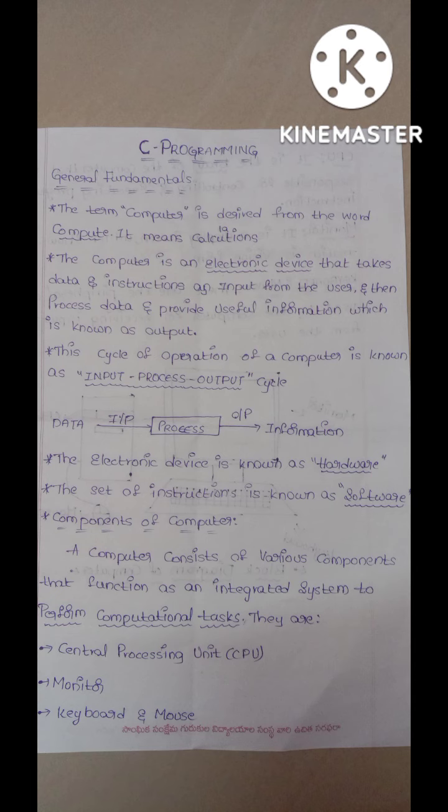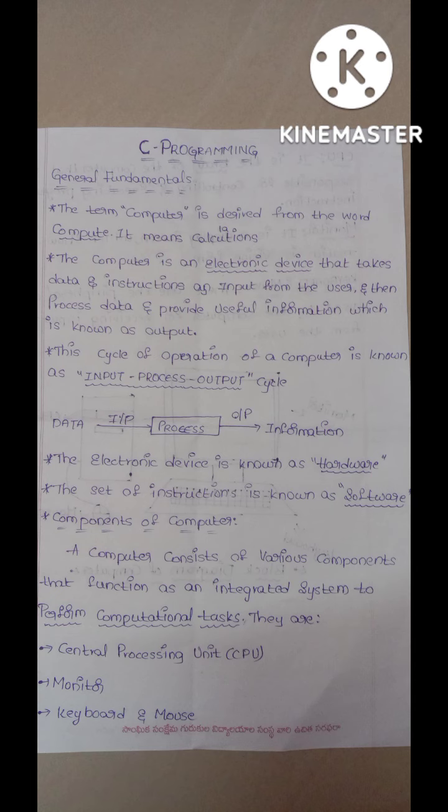Moving forward, the computer is an electronic device that takes data and instructions as input from the user and then processes the data and provides useful information, which is known as output. Here we are saying that the computer is an electronic device because we use the computer by plugging it into the circuit. So that's why we say the computer is an electronic device. What does the computer do?